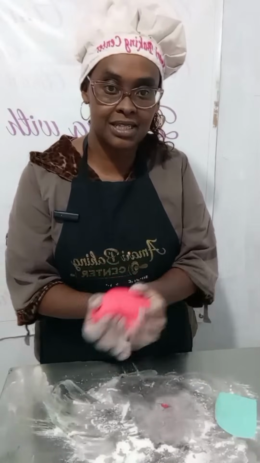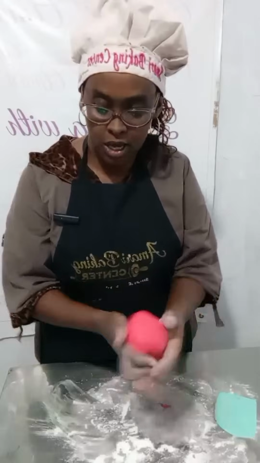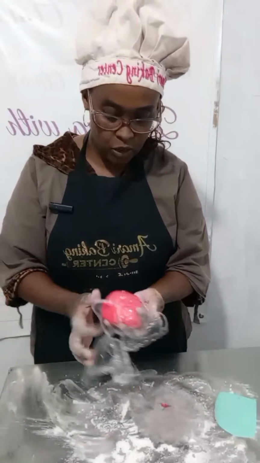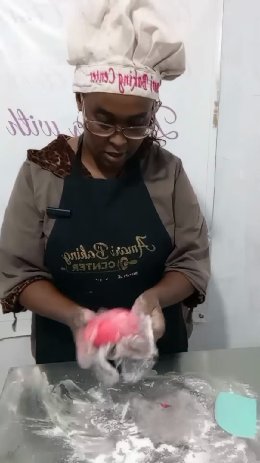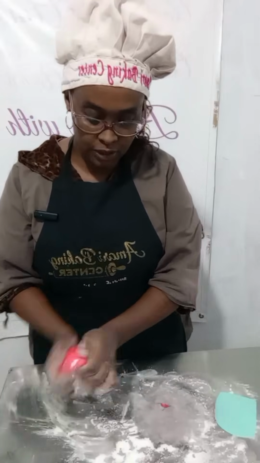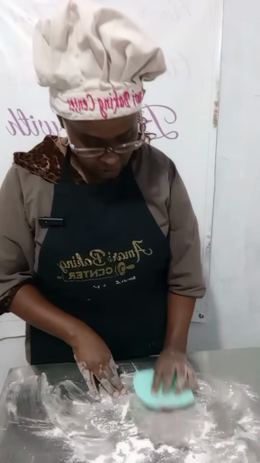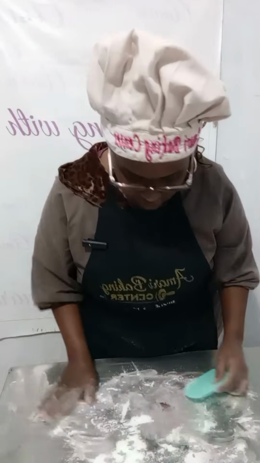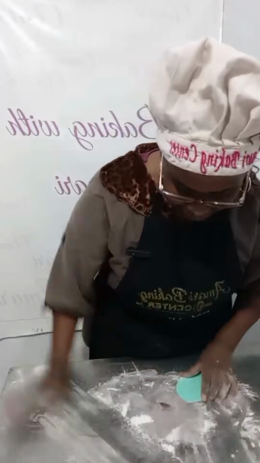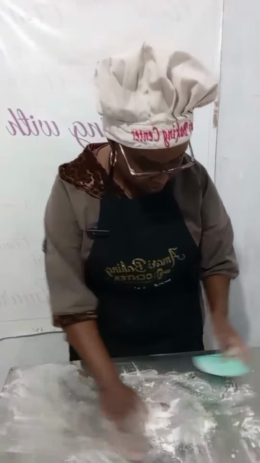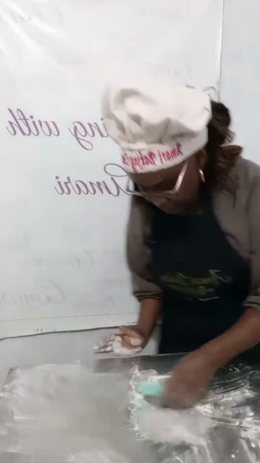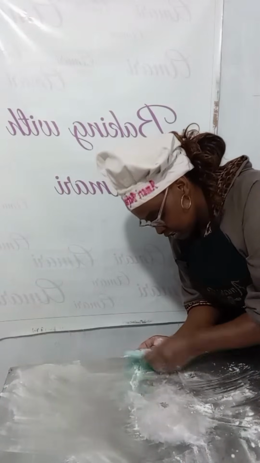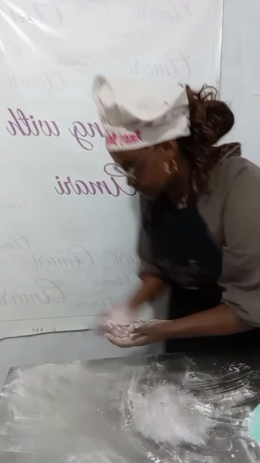So if you can see this, it's quite nice and malleable. I'm going to put this in my cling film, bring the cake so I can place it on the cake. I do like making sure that my surface is nice and flat and clean because I'm going to be putting some fondant here. So I usually use my bench scraper to scrape any excess.